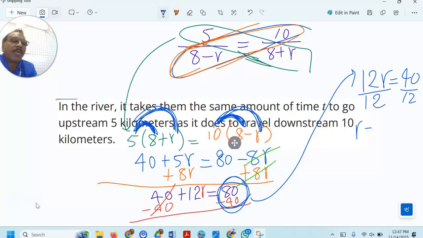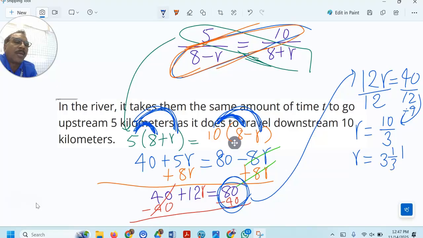So r equals 40 over 12. I can reduce: 4 divides 40 ten times, and 4 goes into 12 three times. So we can simplify by dividing by 4 the numerator and the denominator. And if you do it in decimal form to understand the speed of the water, of course you can write 3 1/3.